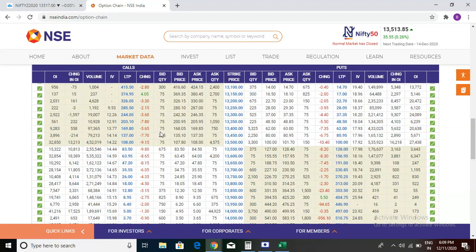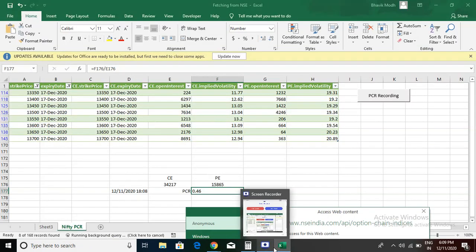It's difficult to remember. Everyone does not have a photographic memory. So you should have clarity of data on what is happening here. Whatever keeps changing here will keep changing in your PCR.